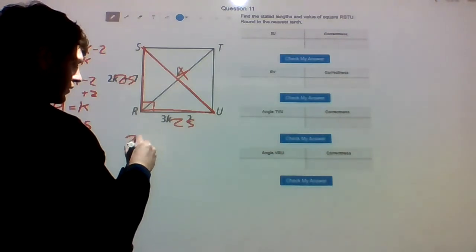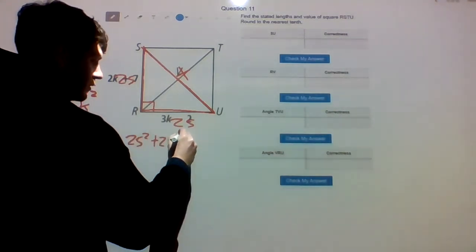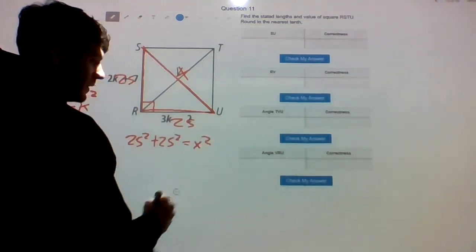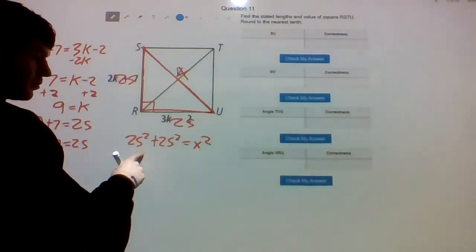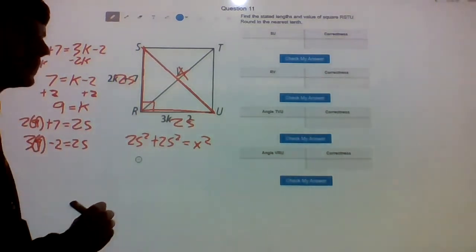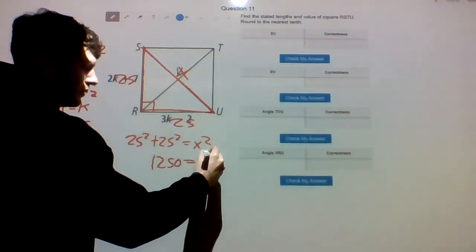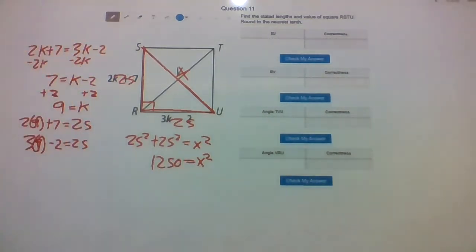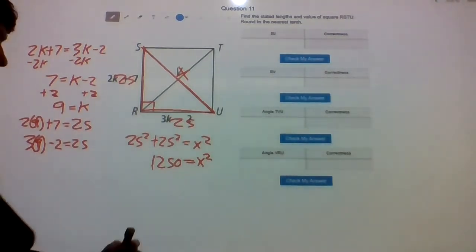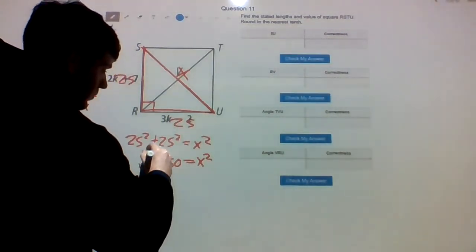So 25 squared plus 25 squared is x squared. That's 625 plus 625, that's 1250. Let's see, the square root of 1250 is 35.4. So we take the square root of both sides, right?